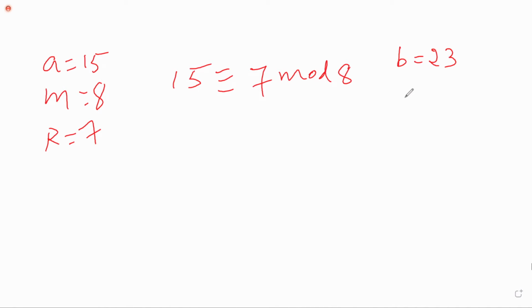Then b1 will be, so here this is a1, isn't it? a1 is 7. So b1 is 23 and m is 8. So we can write it as 23 is congruently equivalent to something mod 8.